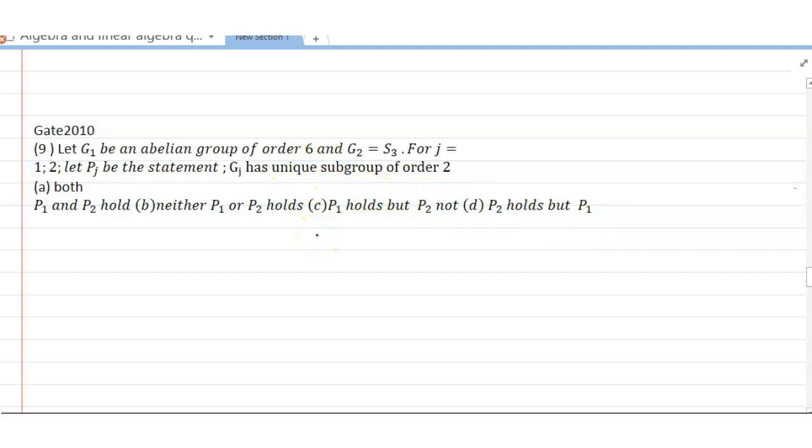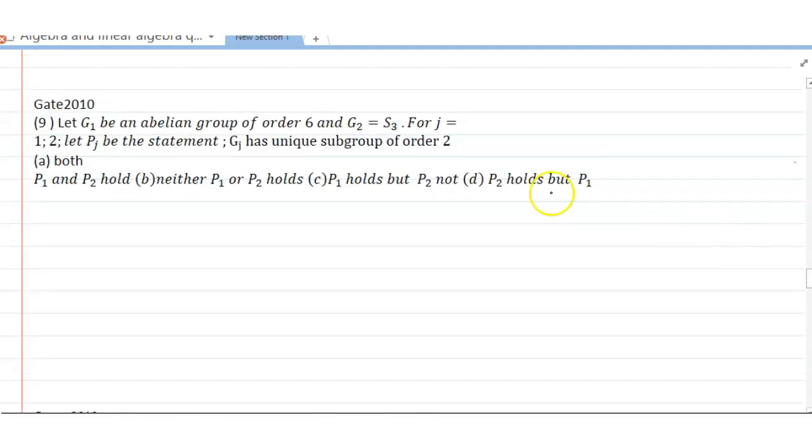GATE 2010. Let G be an abelian group of order 6 and let G_j, where j equals 1, 2, and let P_j be the statement: G_j has a unique subgroup of order 2.